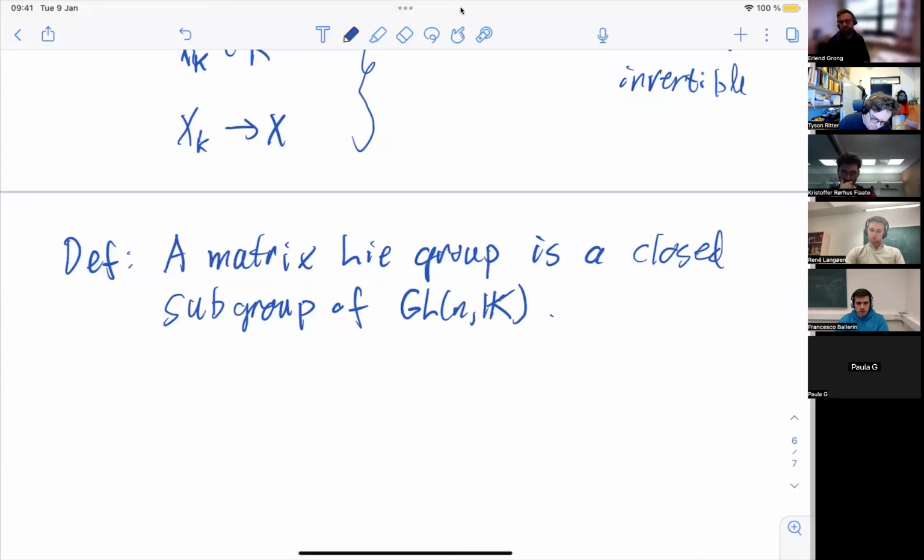So either of the real or the complex matrices, a matrix Lie group, I can call it G, is some subgroup that is also a closed set.